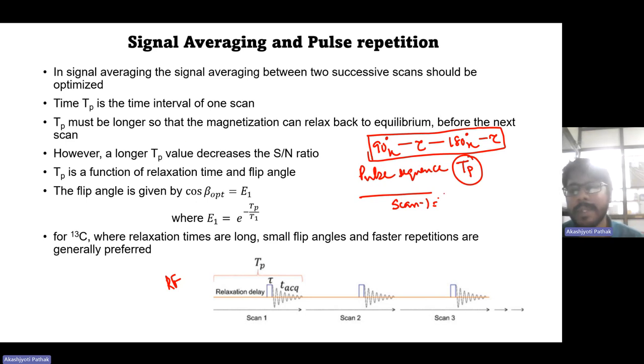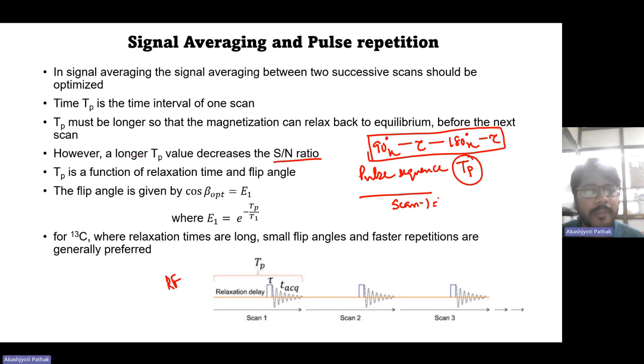However, if we give a very long delay time, then this can also introduce noise in the signal. Because of the introduction of noise, it decreases the signal to noise ratio. If the TP value is very high, the signal to noise ratio will also decrease. So because of these issues, this TP value should be optimized.